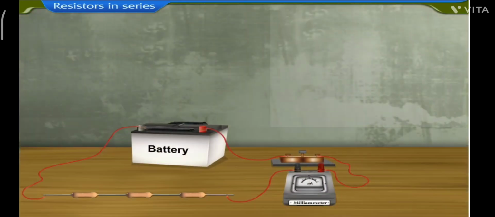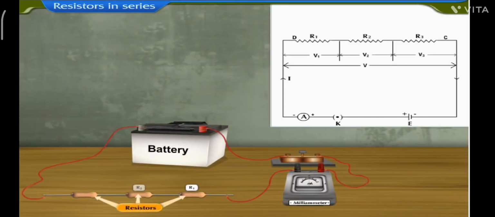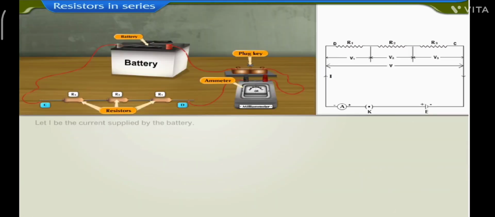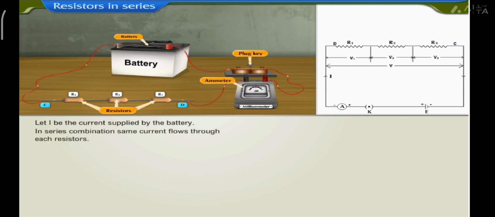Let us consider three resistors R1, R2 and R3 connected in series between points C and D, which are connected to a battery and an ammeter through plug key K. Let I be the current supplied by the battery. In series combination, the same current flows through each resistor.